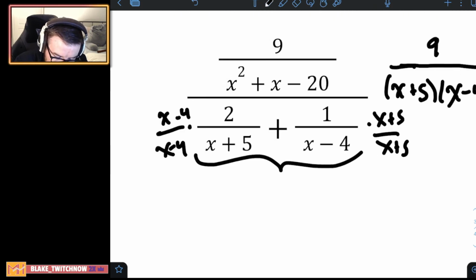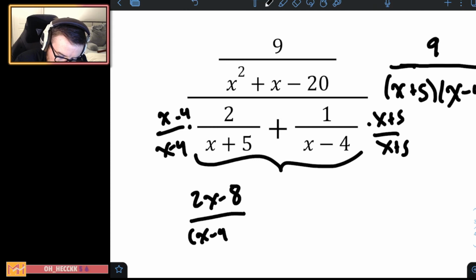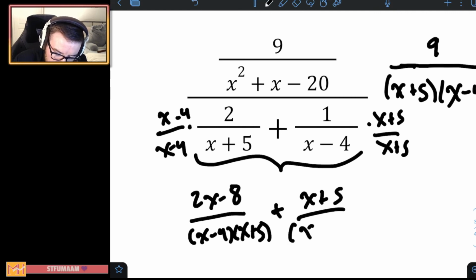So I end up getting 2x minus 8 over x minus 4 times x plus 5. And then I end up getting x plus 5 over x minus 4 times x plus 5.